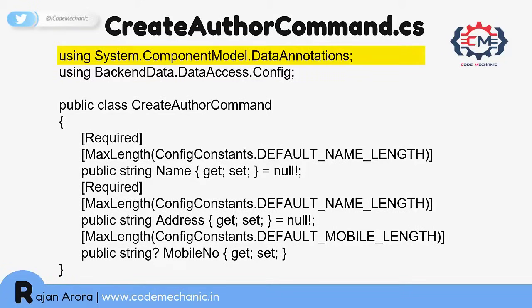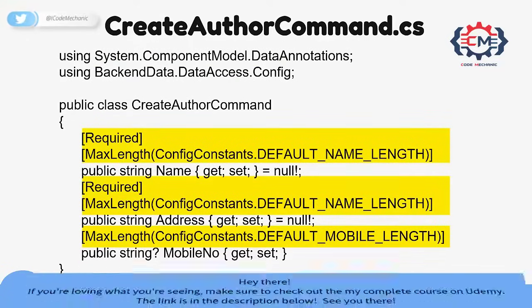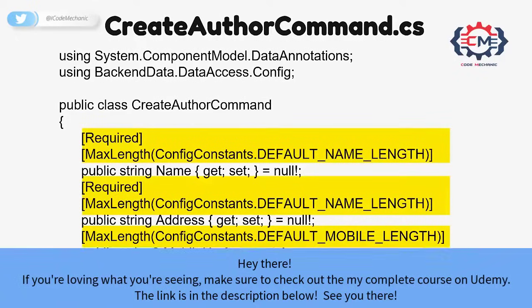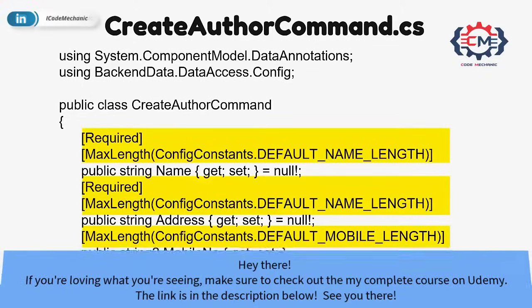Even though it is a DTO, we are able to add annotations from the System.ComponentModel.DataAnnotations namespace. We are using this to mark the name property as required and to specify maximum length for each property. Because we use constants to define the data model lengths, we are able to reuse those constants here, which ensures that they stay consistent.